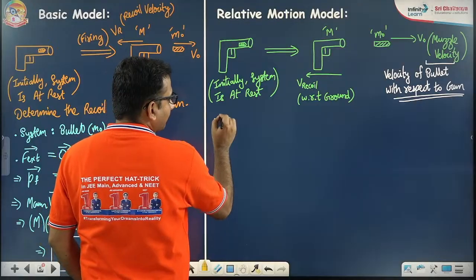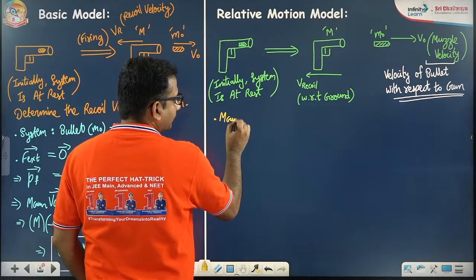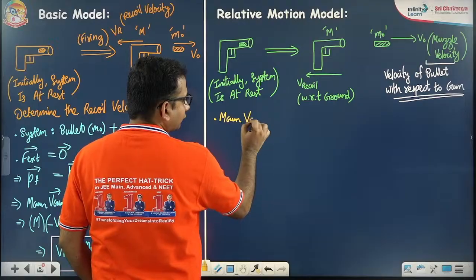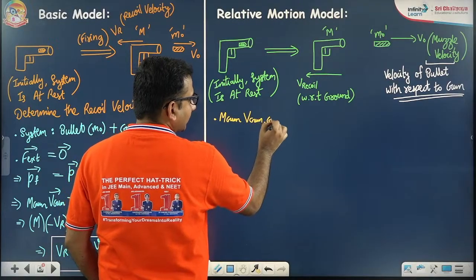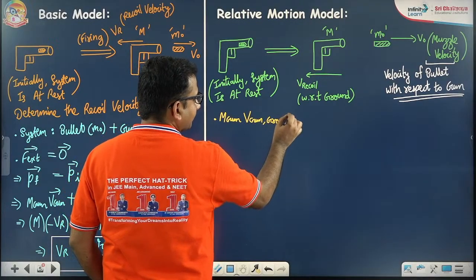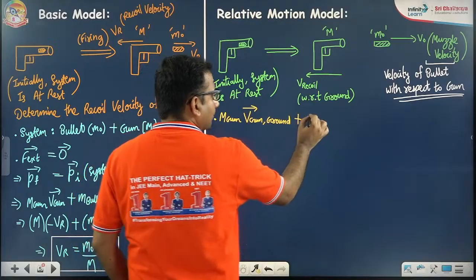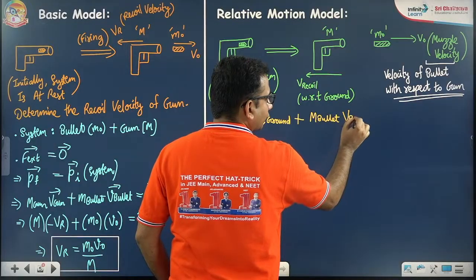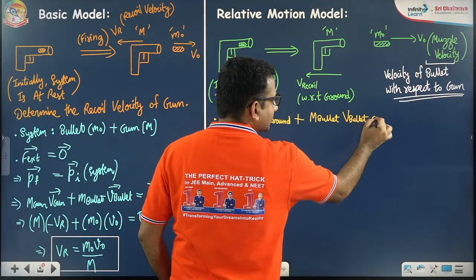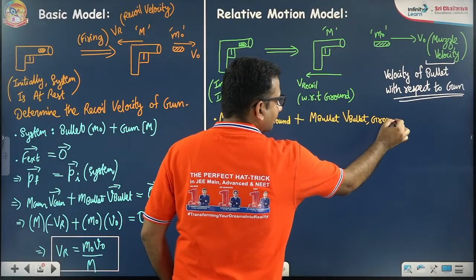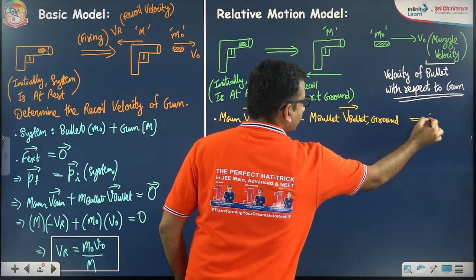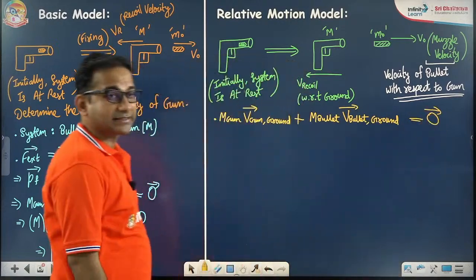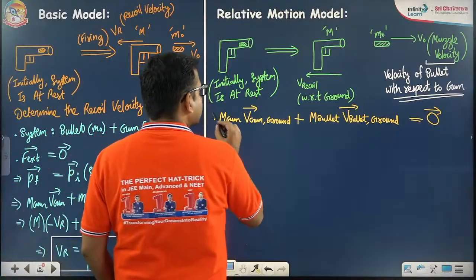Mass of gun into velocity of gun with respect to ground finally, plus mass of bullet into velocity of bullet with respect to ground finally, and that will be equal to initial momentum of the system, that is 0.